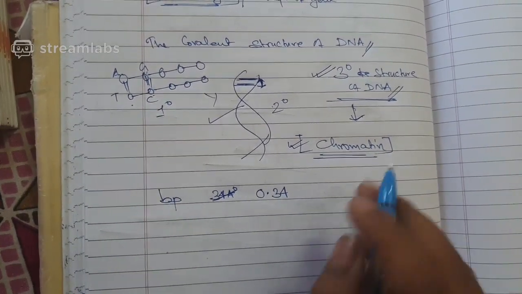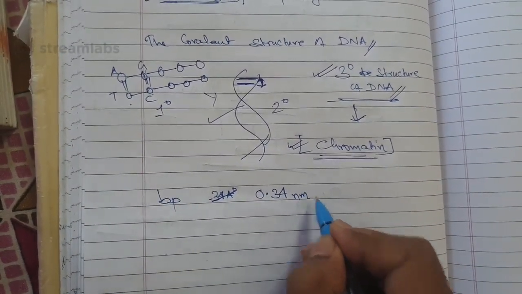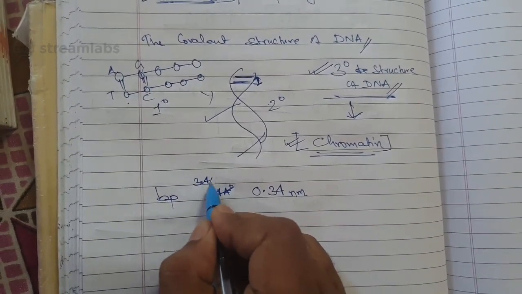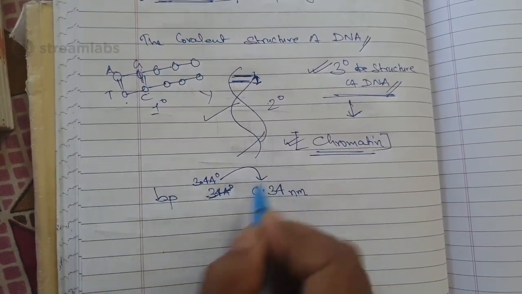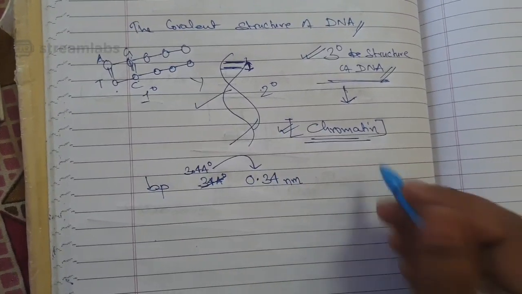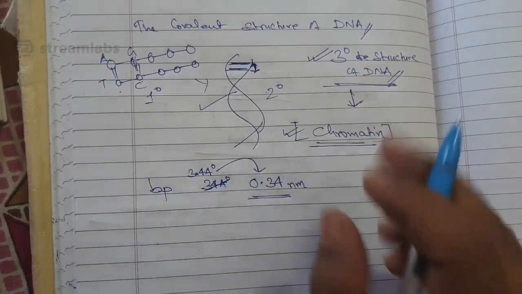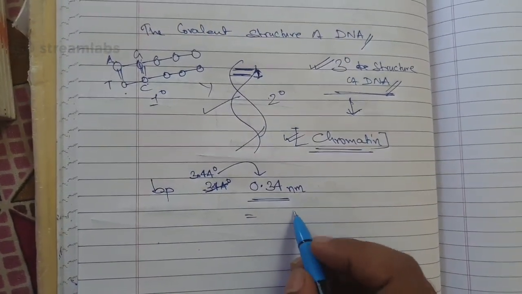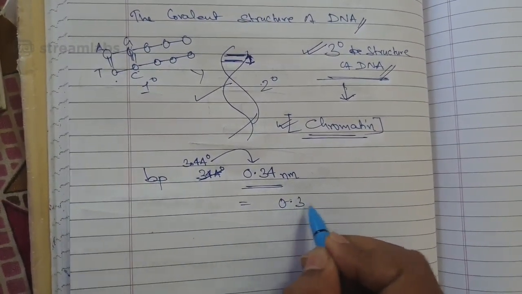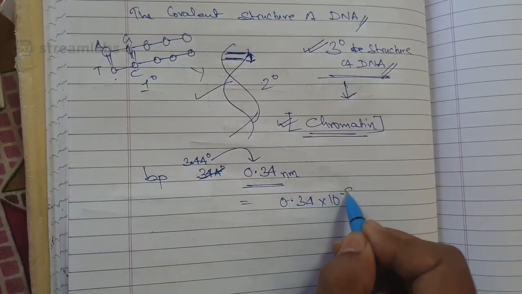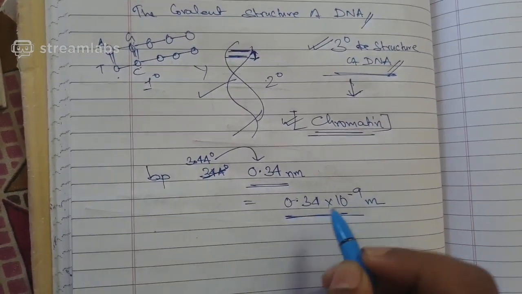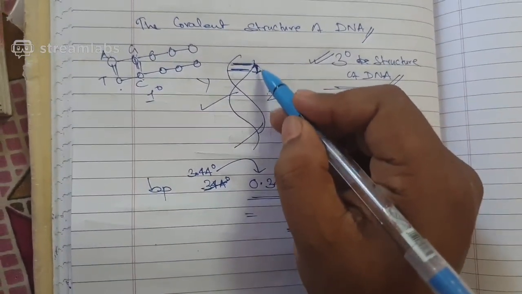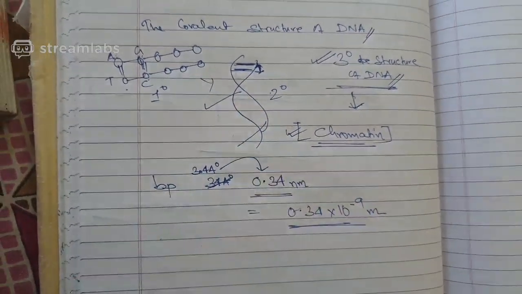If I convert it into meters, it will be 0.34 into 10 to the power minus 9 meter. That much is the distance between two base pairs.